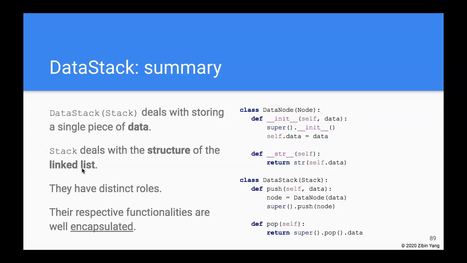So these two classes perform very different, distinct functionalities, and their functionalities are very well encapsulated in the respective classes. So I hope you understand and appreciate the beauty of encapsulation in this example.